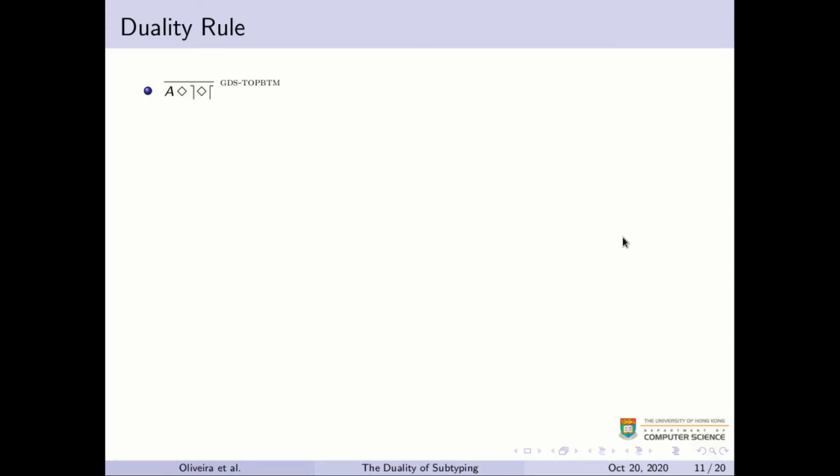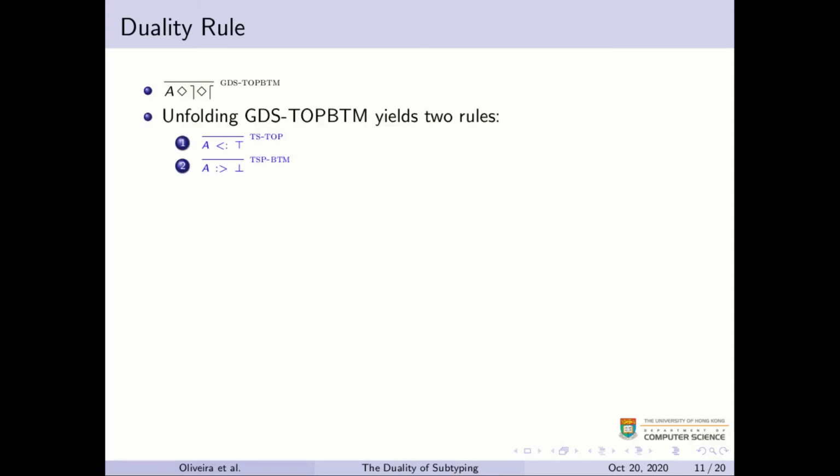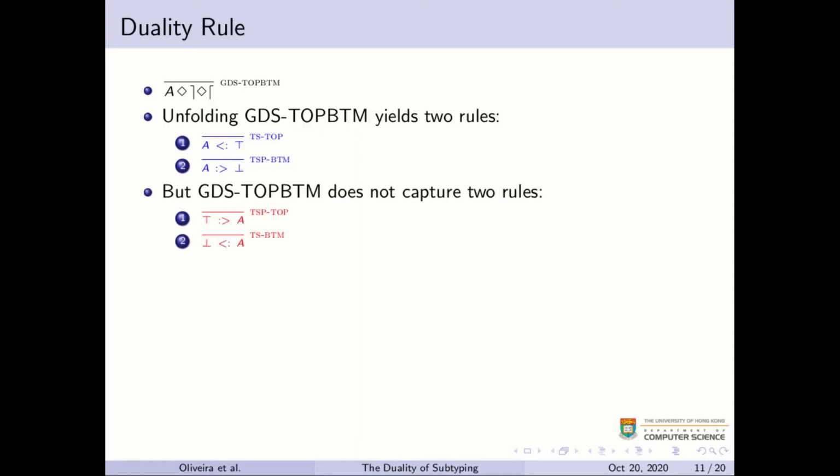So this duality rule, or GDS dual, when we unfold GDS top bottom, it gives us two rules. That is, any type is a subtype of top and any type is a supertype of bottom. But here we are missing two rules. Our GDS top bottom does not capture two rules.